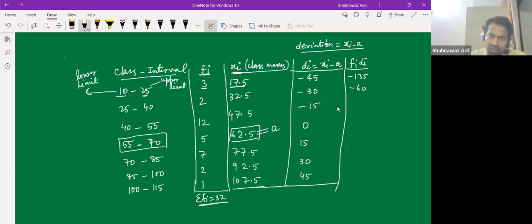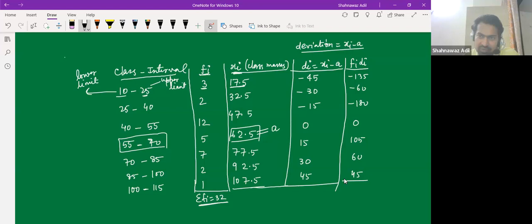Then 12 into 15 is minus 180. Then this is 0, and then this is 105, then 60, and then 45. You can see that this is easier to do by hand.